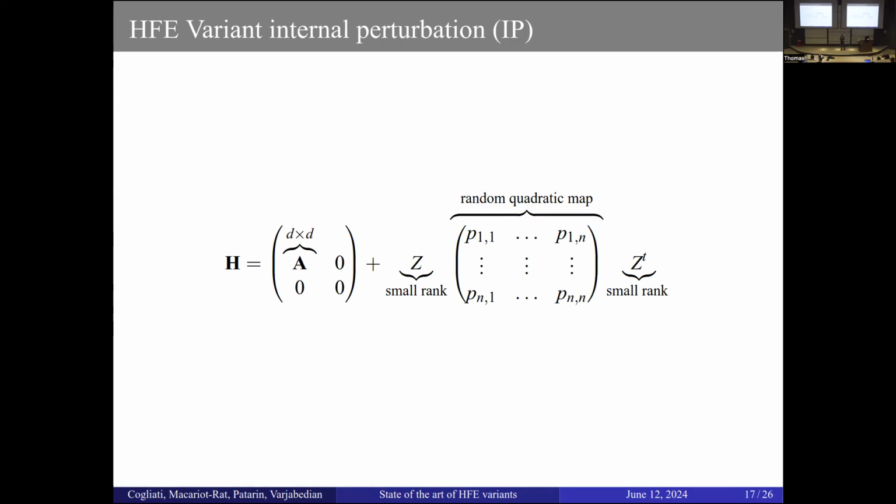It was created far earlier. In this variant, we add to the central map H another quadratic term, which will be of small rank. But this time, this quadratic term, as you may notice, even if it's of small rank, the matrix will be full. And it is quite important to notice that.